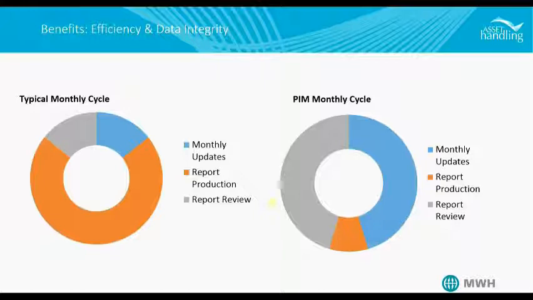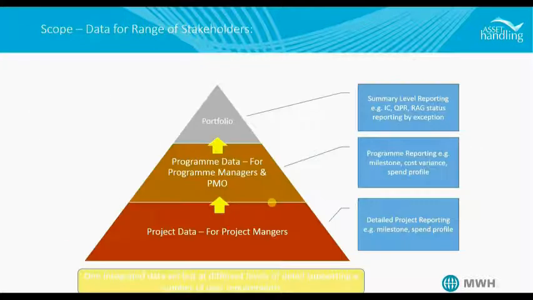However, utilising PIM for that monthly update cycle, you're given a lot more time to produce the data, entering data into PIM, such as the commentary, reviewing the schedule activity, reviewing cost. The report generation is very quick, and it can actually be automated to come out once a week, once a month, whenever you like, giving you far much more time in that month to actually review the content of the reports and drive continuous improvement.